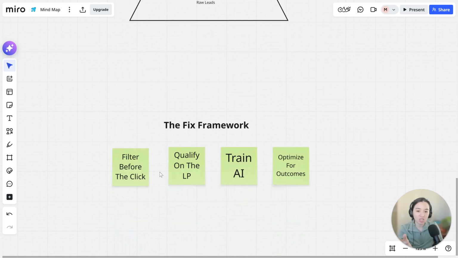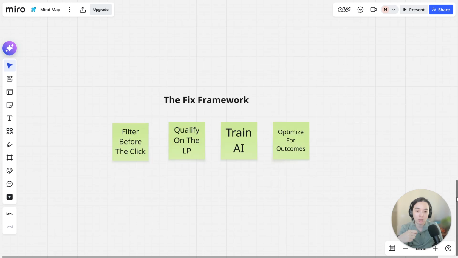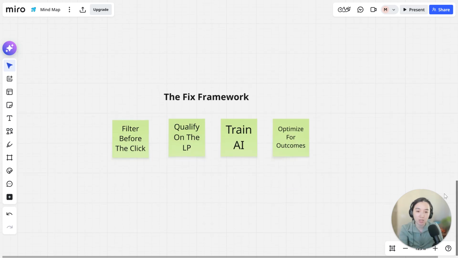So these are the things that I look at when I'm auditing Google Ads accounts that have this issue of getting poor quality leads. This is a very common issue that I see, and these are the different things that I audit when I'm looking at different Google Ads accounts and trying to fix this issue.